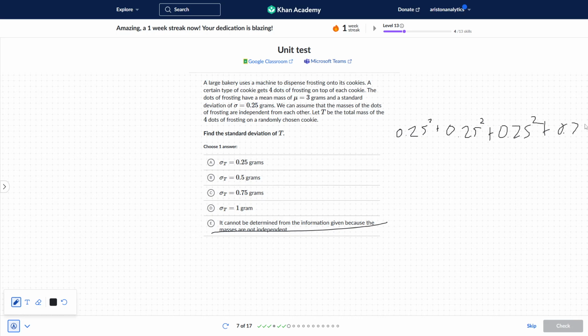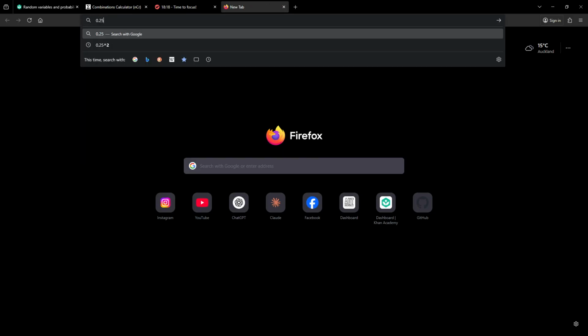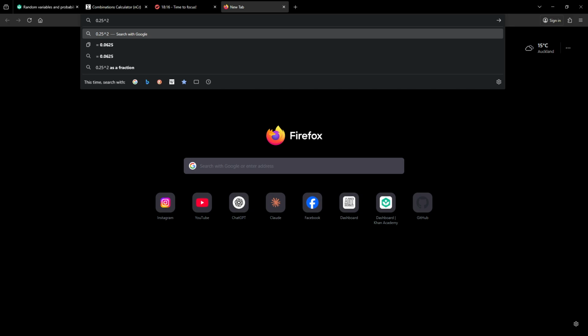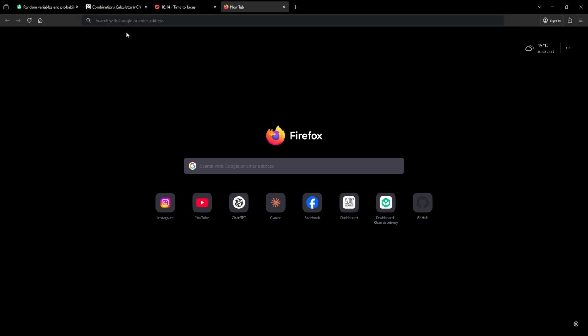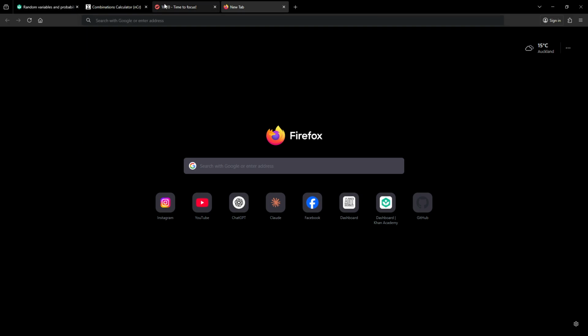Or just 0.25 squared times 4, square root. 0.5.